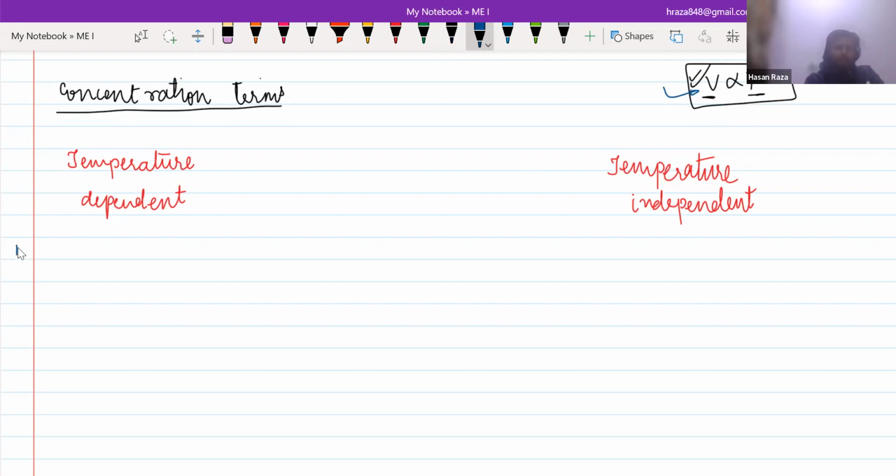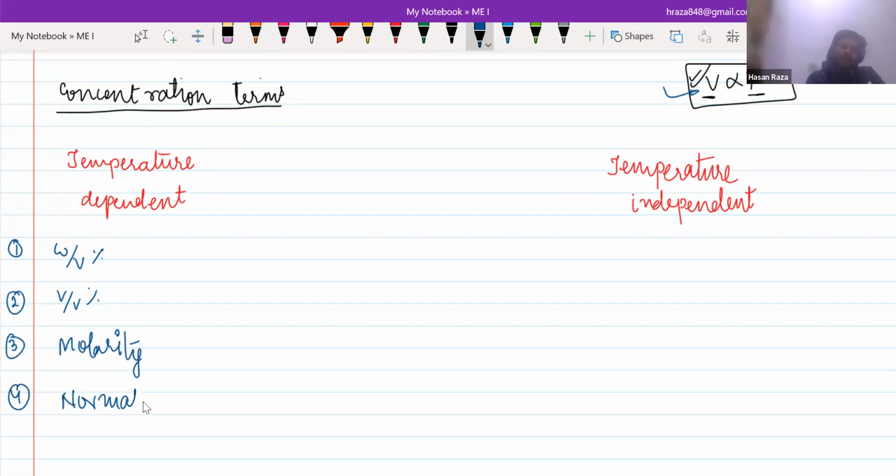So I'm going to give you weight by volume percent, volume by volume percent, then molarity, then normality. These are all temperature dependent, because these concentration terms have volume in their expression.